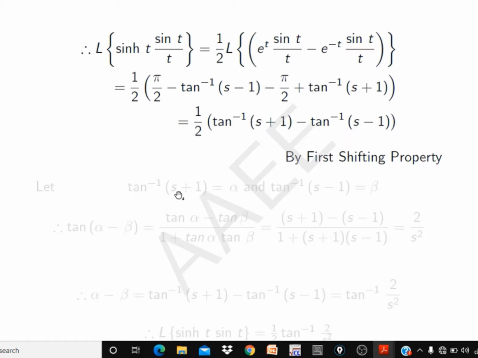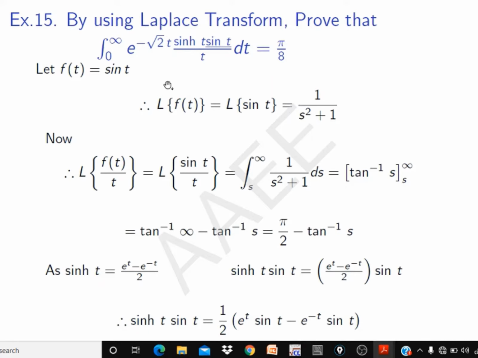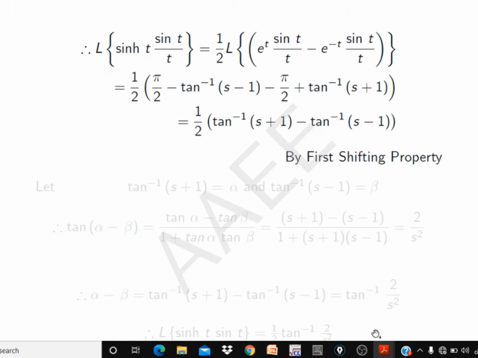But we have hyperbolic sine of t into sine of t divided by t. Let us take this entire part, that means this will be divided by t, and we will get 1 by 2 Laplace transform of e raised to t sine of t by t minus e raised to minus t sine of t by t.